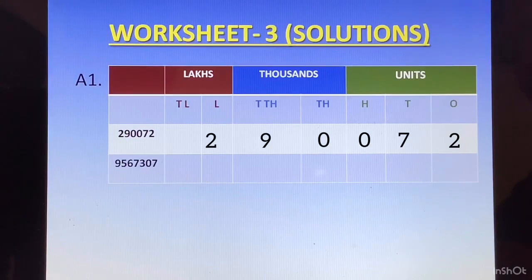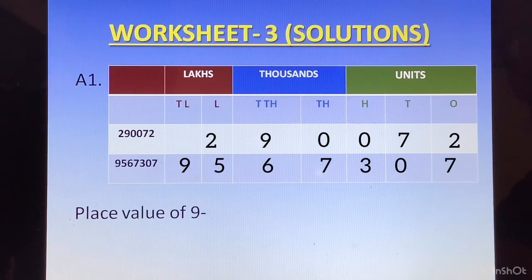Similarly, we will place the digits of the B part. Now the place value of 9. In the first case, that is 290072, how many digits are there on the right of 9? We have 0072, that is 4 digits. So we will take 9 and after that put 4 zeros.